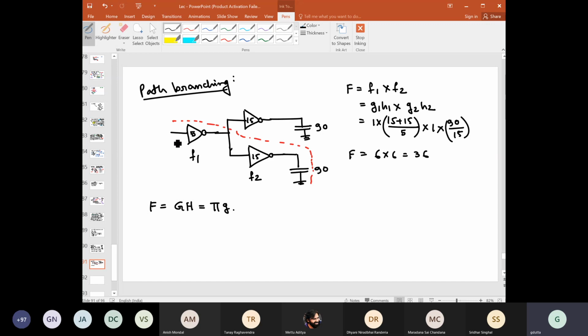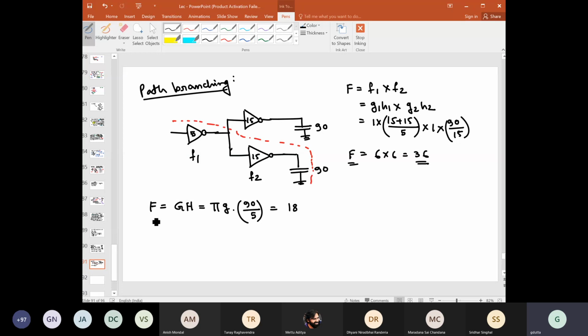The total path effort H is 90 by 5, the total output capacitance by the input capacitance. That's how we have defined it. Then what is the product of G? It is basically 1 into 1, so it is 1, right? But if you now calculate it, it comes out to be 18, right? So you see that if you estimate it like that, individually you are getting the value of F equal to 36.